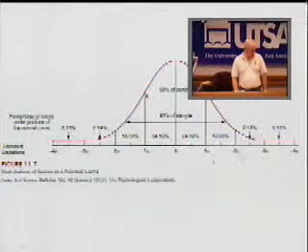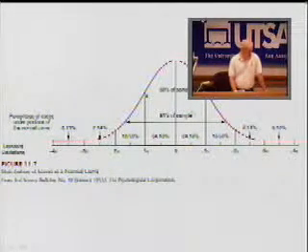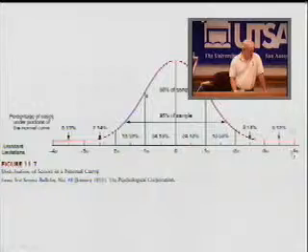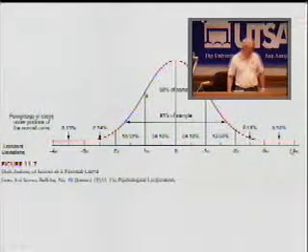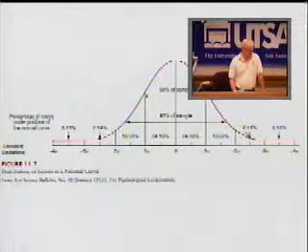Plus or minus 2 standard deviations should be 95% of your sample. Plus or minus 3 should be about 97%, and plus or minus 4 should be roughly 99% of your data points included. This is the real Gaussian curve, the normal distribution of data.